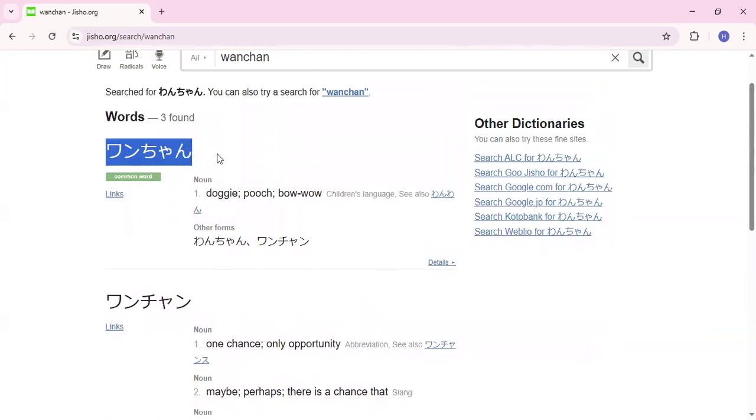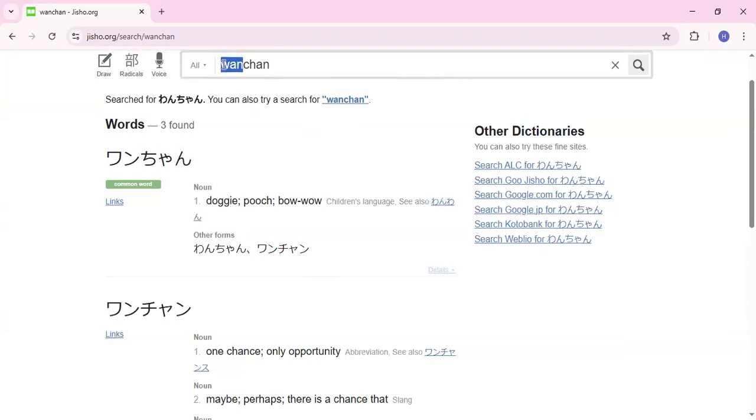Wanchan also means dog, which in Japanese is inu, but the sound a dog makes in Japanese is wan wan, so barking, instead of bow wow or woof or whatever it is in your language. So that's why it's called wanchan, because it's an animal that makes the wan sound.